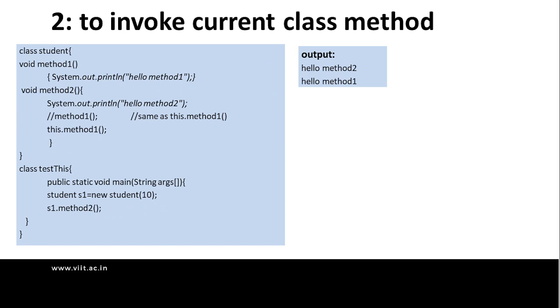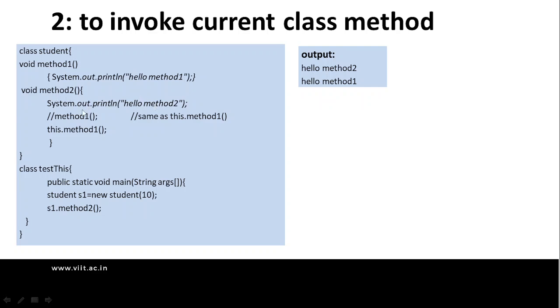Second, to invoke the current class method. The example is a Student class with void method1 and void method2. Two methods are written. In method1 we are writing hello method1, in method2 we are writing hello method2.